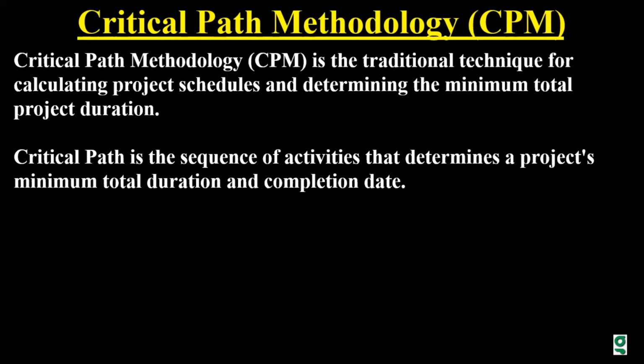In other words, there are certain activities that are said to be on the critical path in a project. As such, critical path itself is the sequence of activities that determines a project's minimum total duration and completion dates.